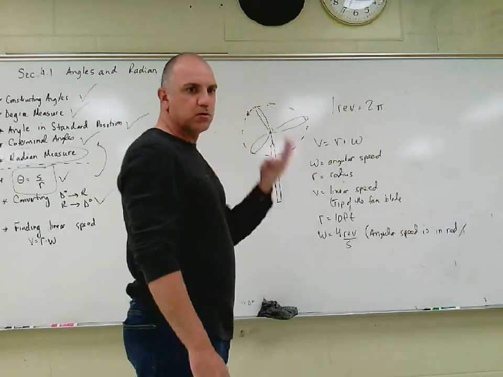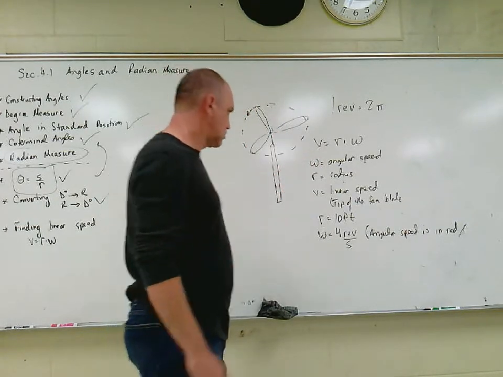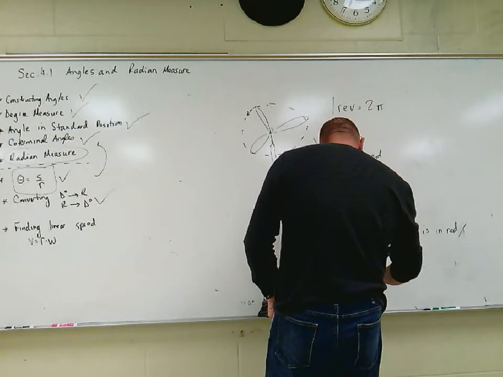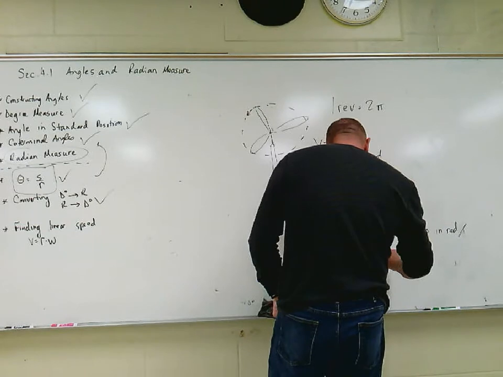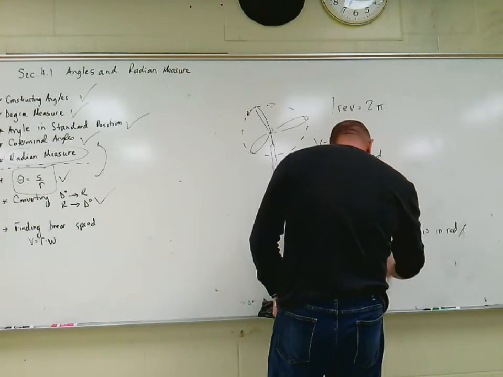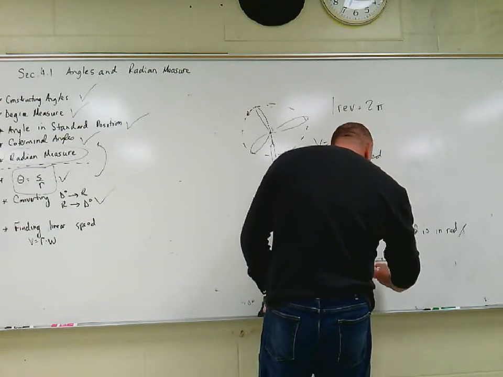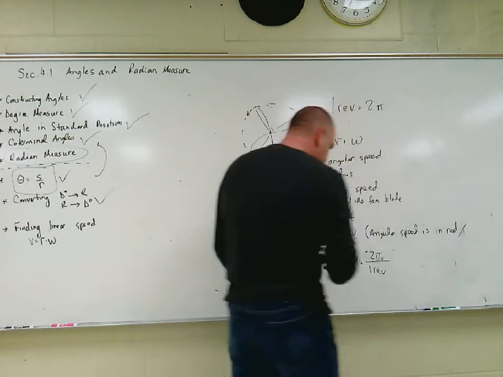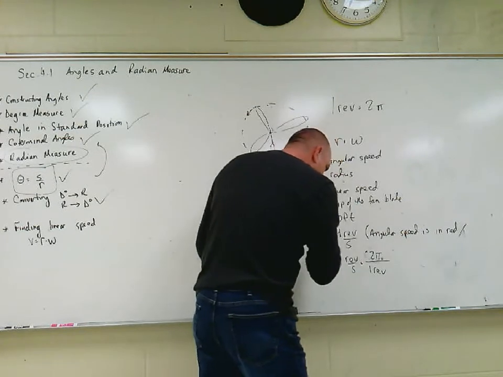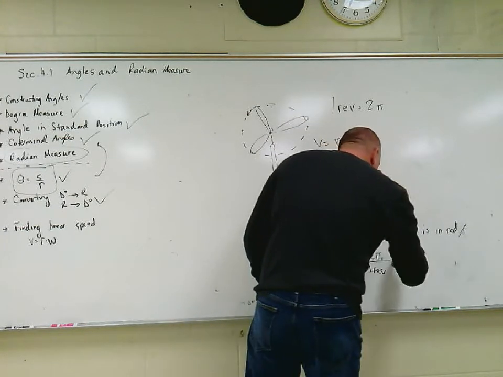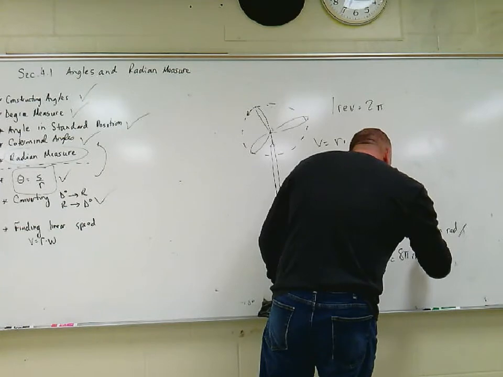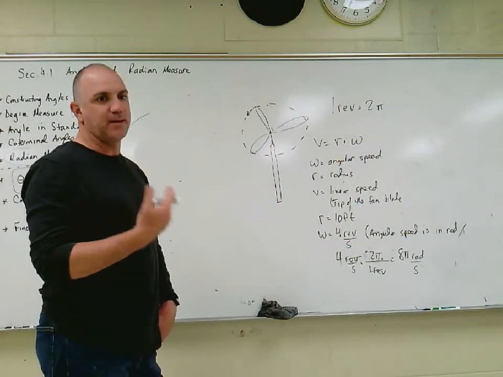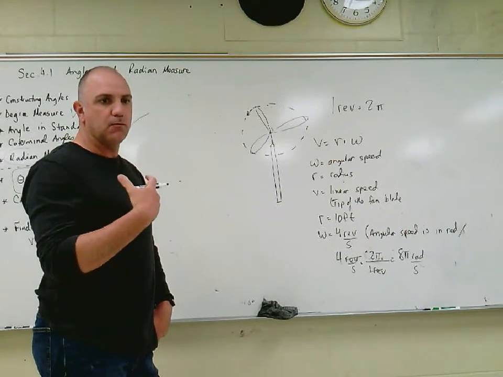So we're going to convert this 4 revolutions per second. You want to cancel revolutions, and 1 revolution is the same as 2 pi. So now you can see we've made it 8 pi radians per second. You want to make sure that your angular speed is in radians per second, not in revolutions.